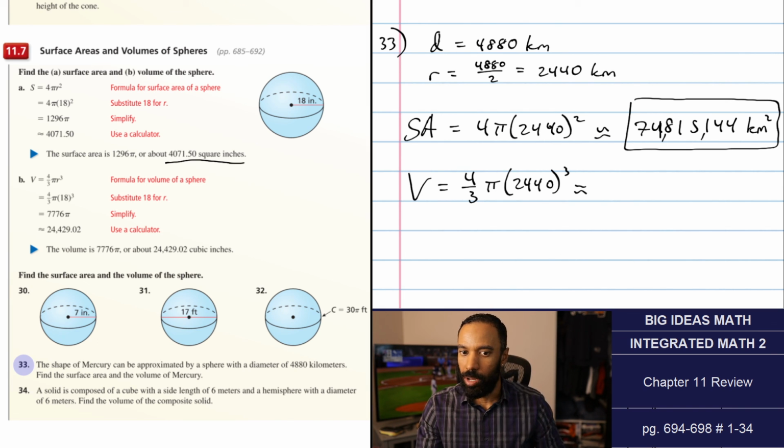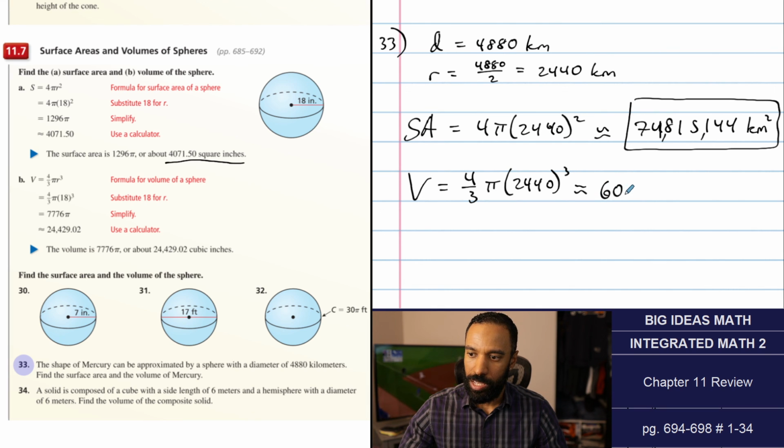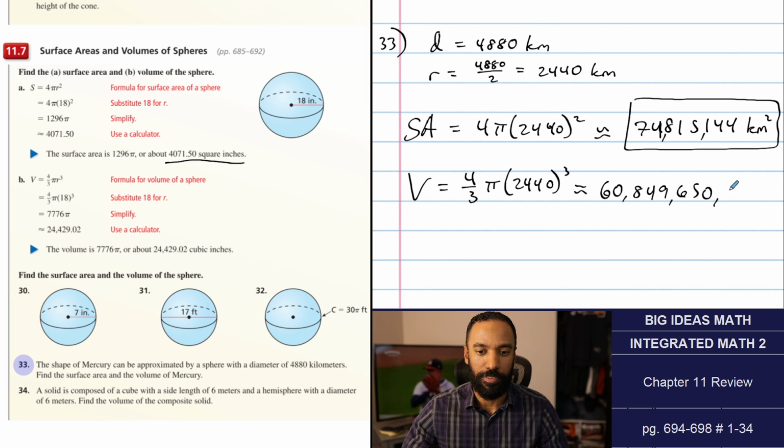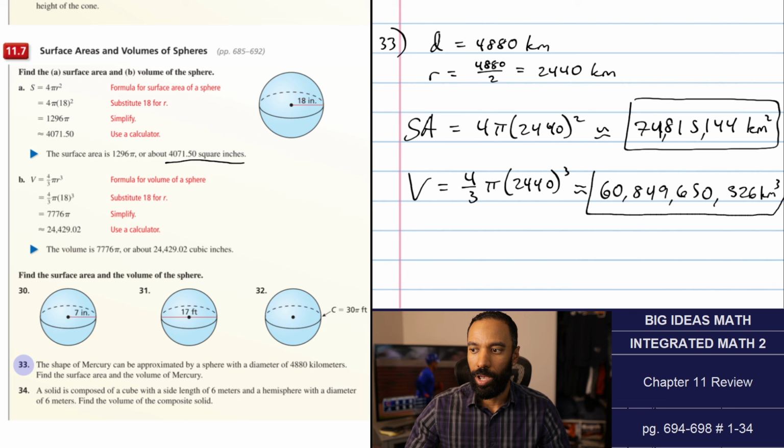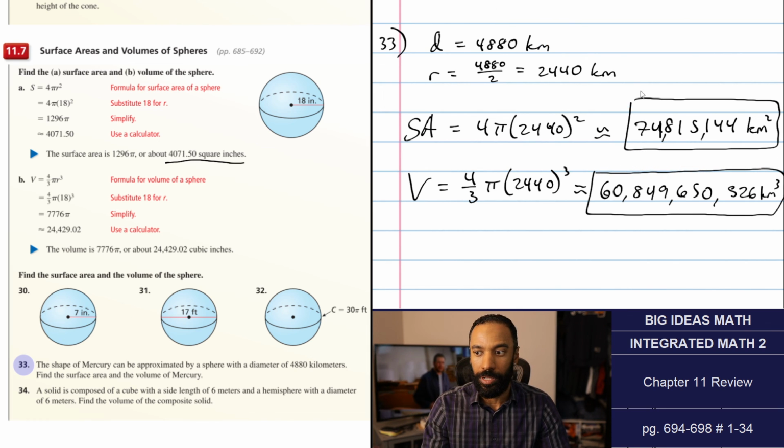All right, so this number is in the billions. It's a 60 billion number. So 60 billion, 849,650,526 cubic kilometers. So if we Google this, it'll probably say around 60 billion cubic kilometers for volume.